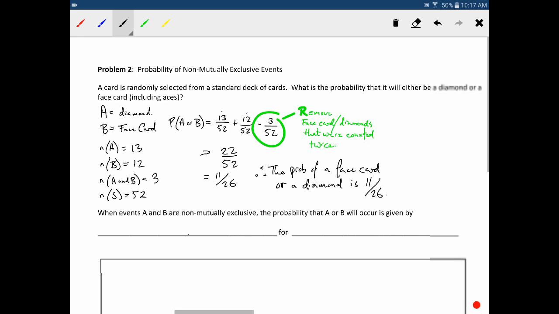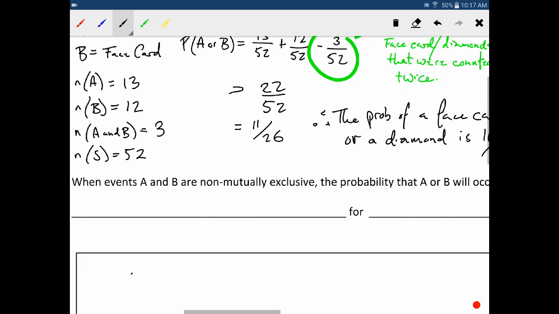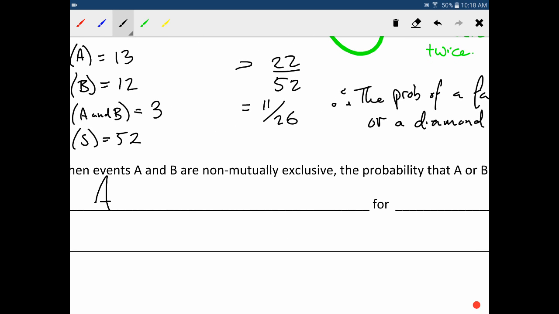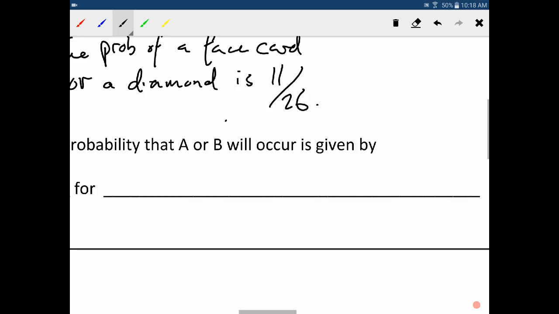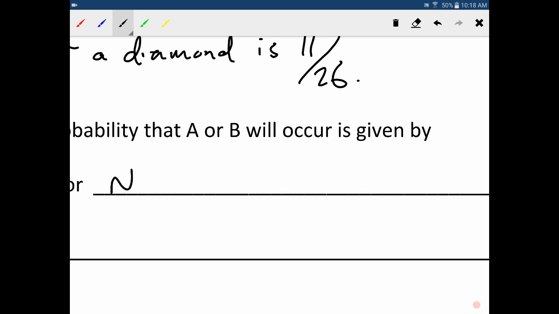All right, so we can come up with a rule for this one too. It's still the additive rule, but this time it's the additive rule for non-mutually exclusive events.